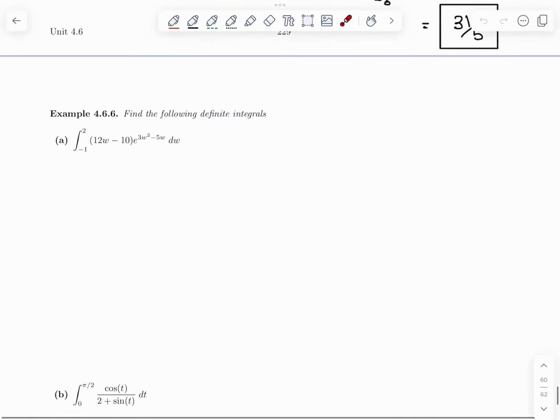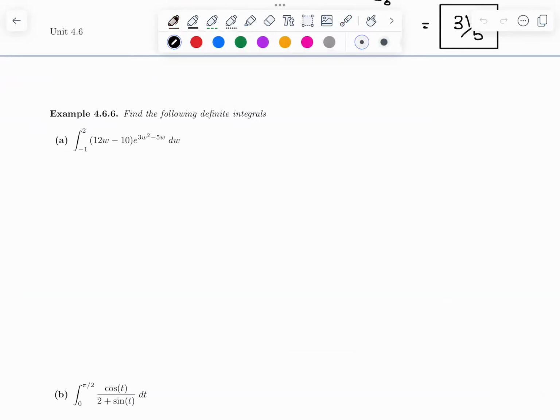So what should u be? The 3w squared minus the 5w, the thing inside of the exponential. Exactly right. So u equals 3w squared minus 5w, and that would mean that du would equal 6w minus 5 times dw.